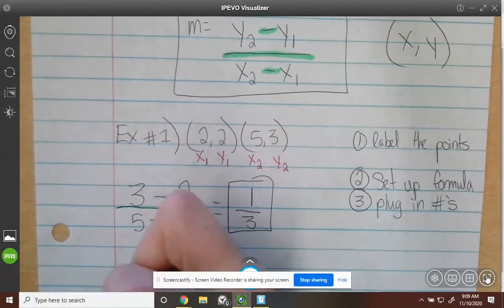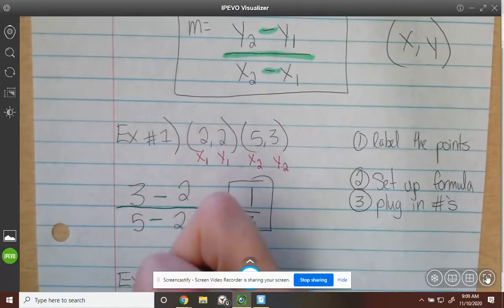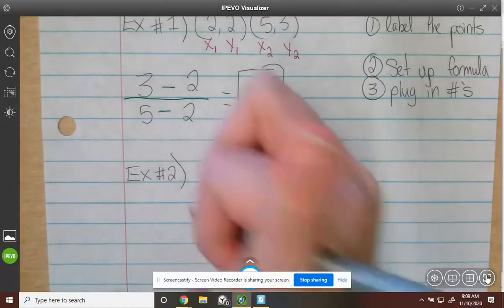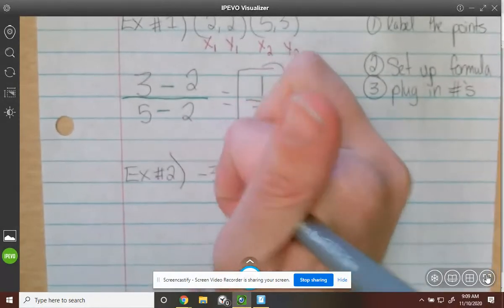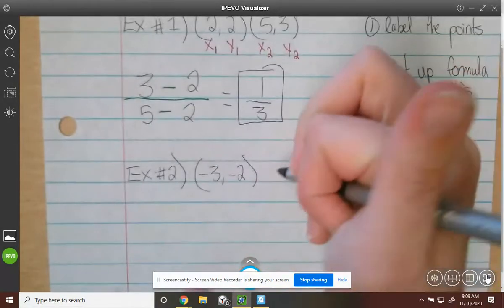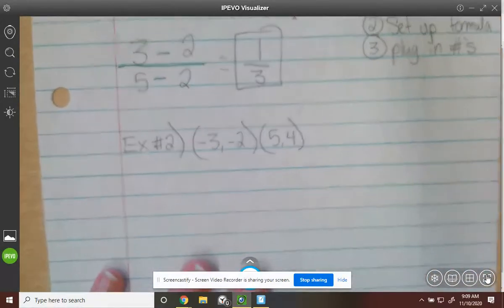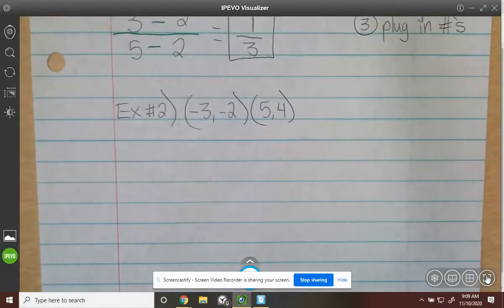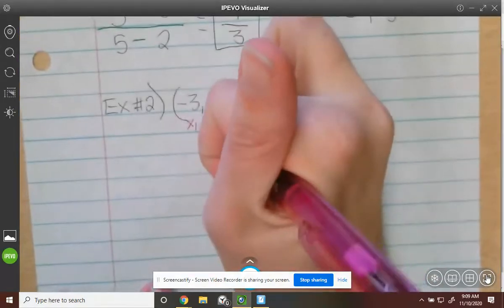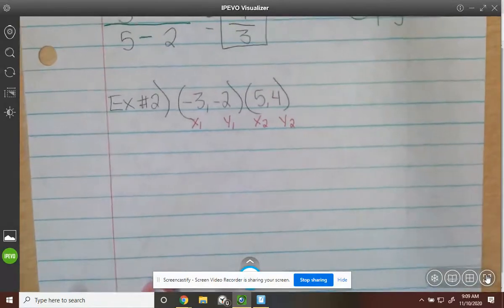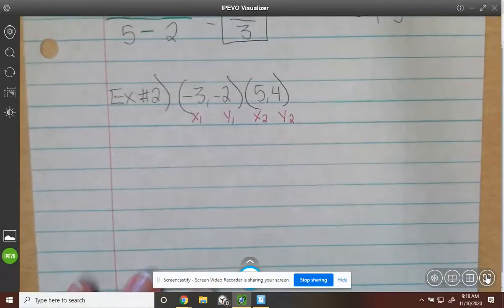Let's do another one. (-3, -2) and (5, 4). Okay, label your points. Your points are always going to be labeled x1, y1, x2, y2. Set up your formula.